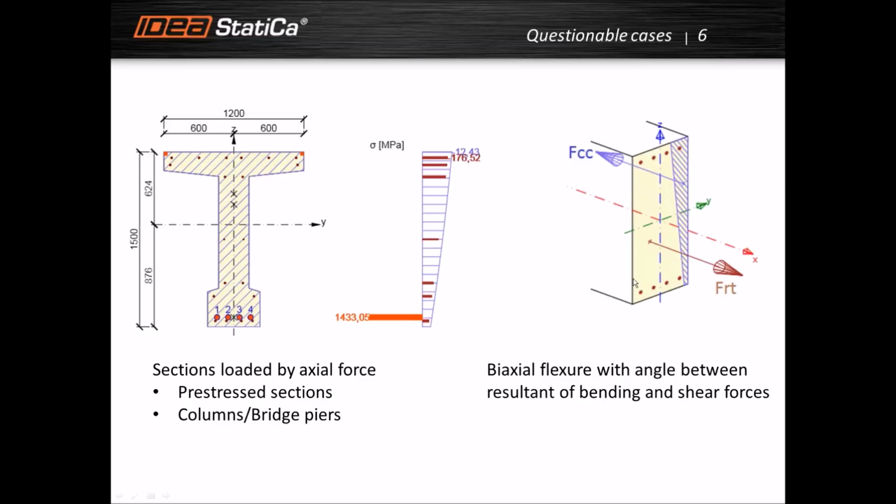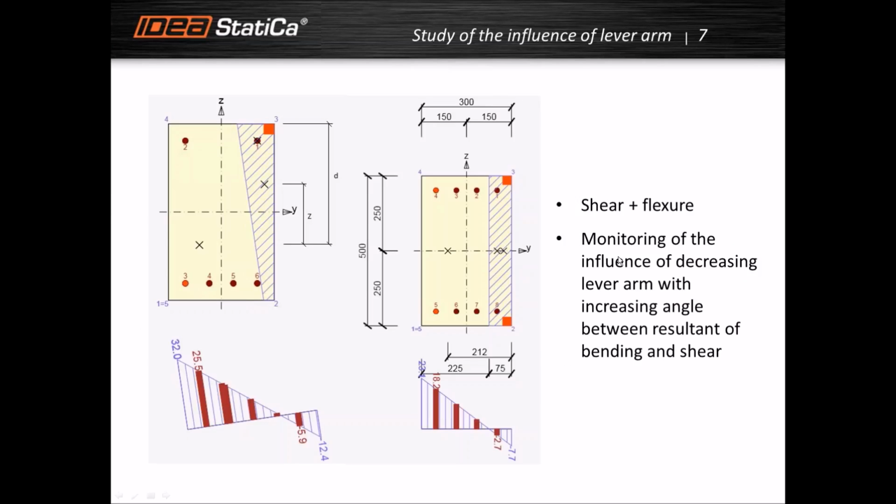If we increase this angle between these two resultants, then the lever arm, this z, becomes smaller and smaller. You can see it in this picture. For example, here we have a resultant force in compression.